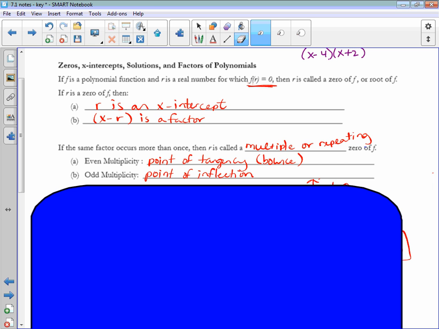You may have been told it bounces off the x-axis. Does that sound familiar? Okay, and then odd multiplicity will give you a point of inflection. It kind of looks like a cubed graph when it goes through the x-axis. What we're eventually going to do with all of this information, guys, is actually sketch polynomial graphs without a calculator. Okay.